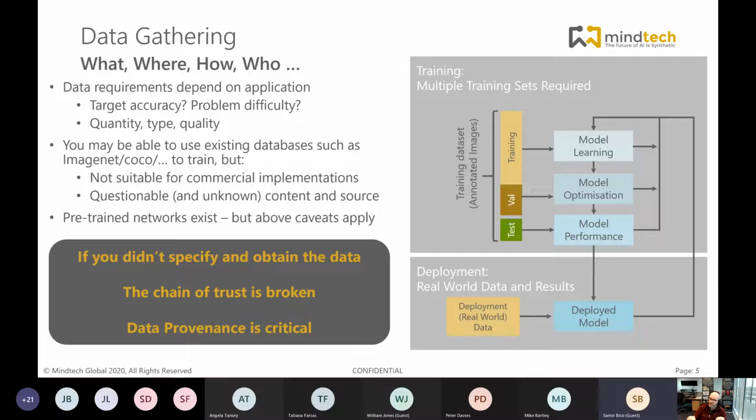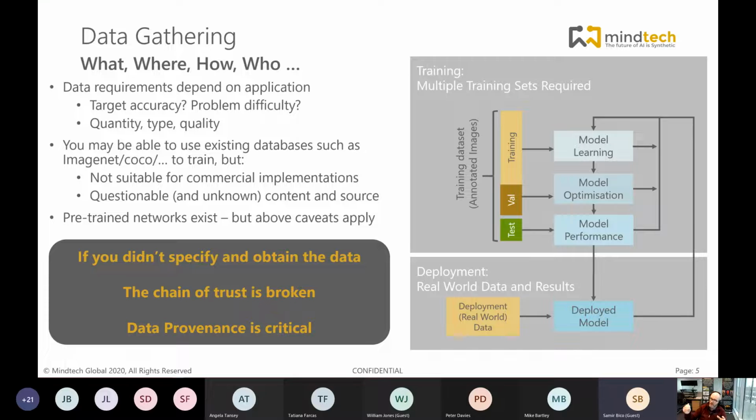But the bigger point really is that the content there is unknown. You have thousands or tens of thousands of images, and you have no idea what that content is. So if you're trying to build a system that you can trust and understand, and you have not obtained that data yourself, you haven't specified it and obtained it, that whole chain of trust is broken.